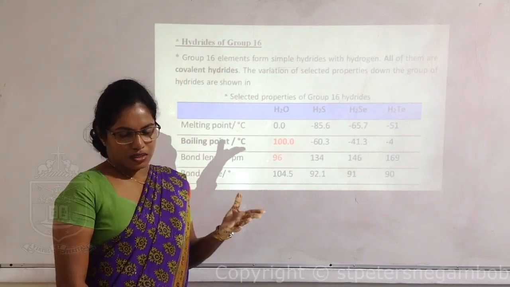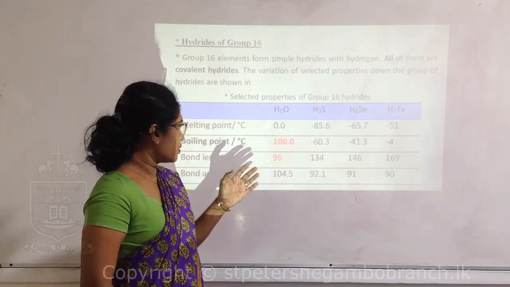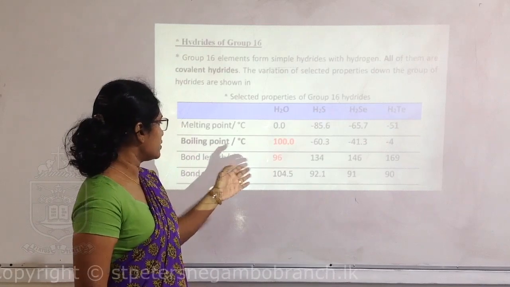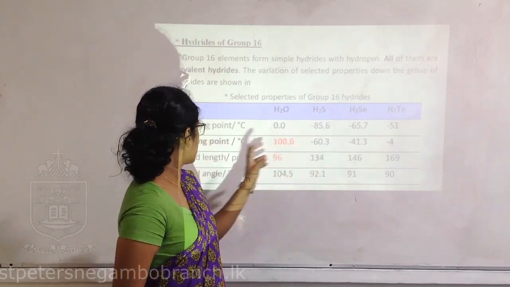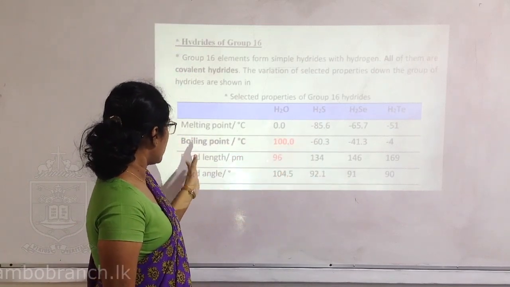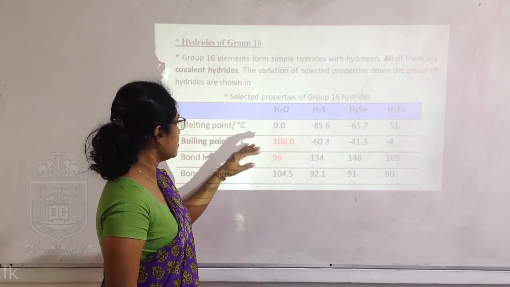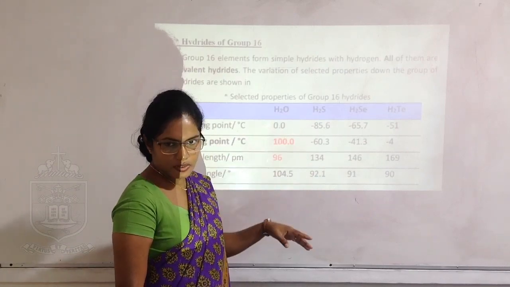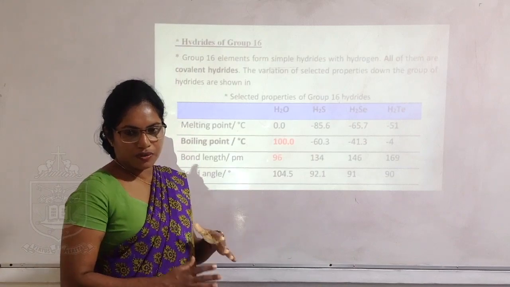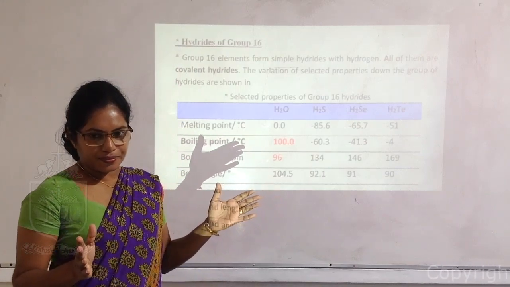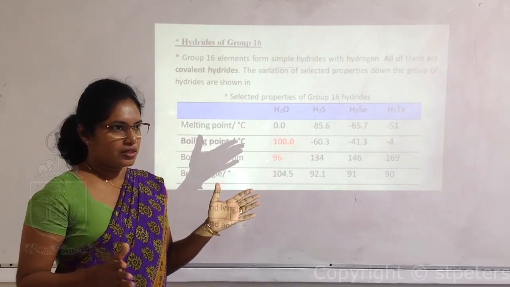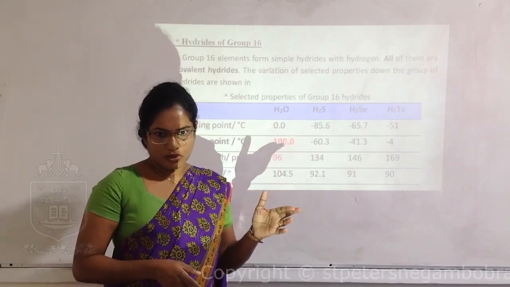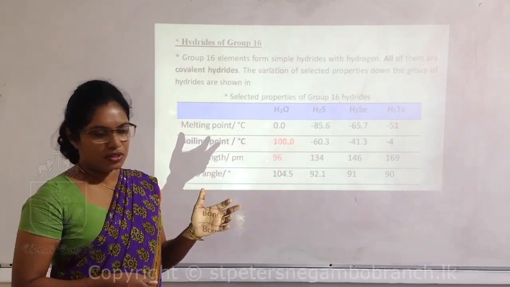Normally when bond length increases, boiling point should decrease, because when the bond length increases, it is easy to break the bond.